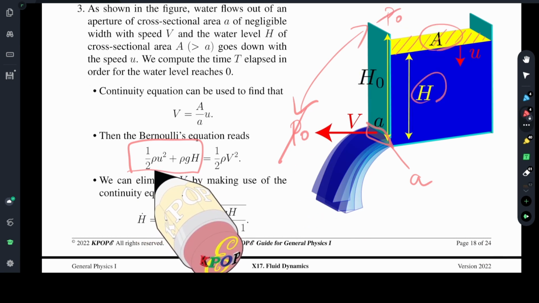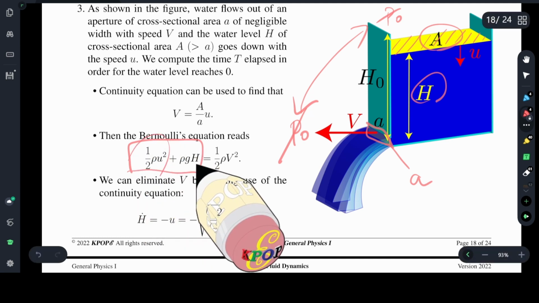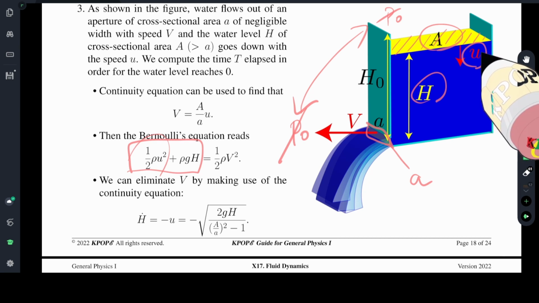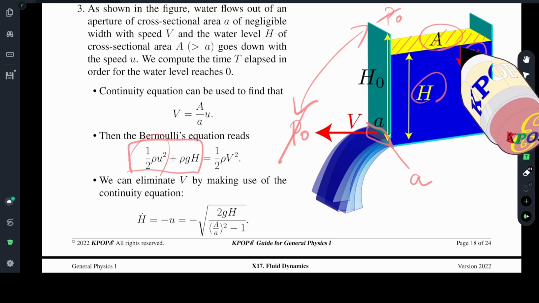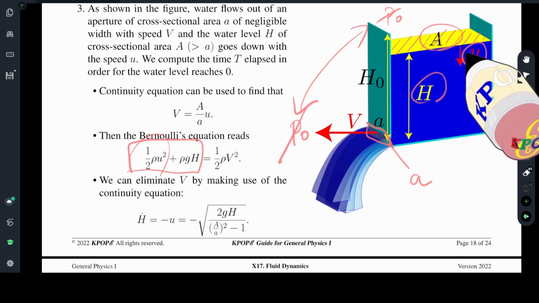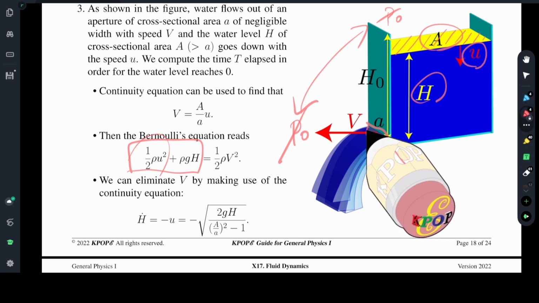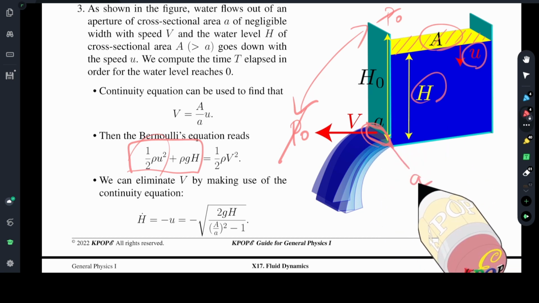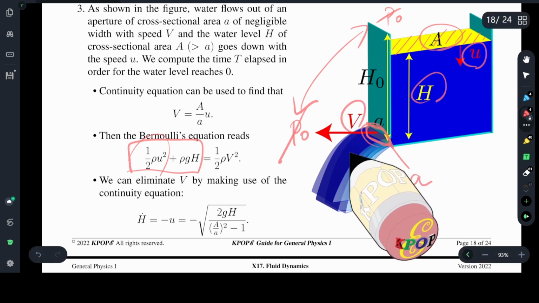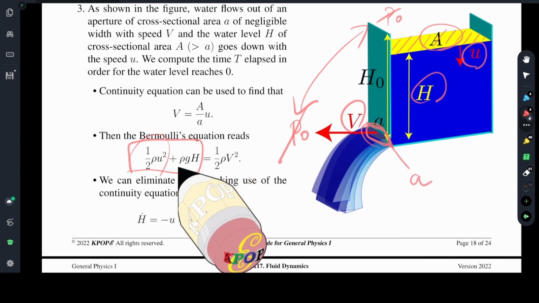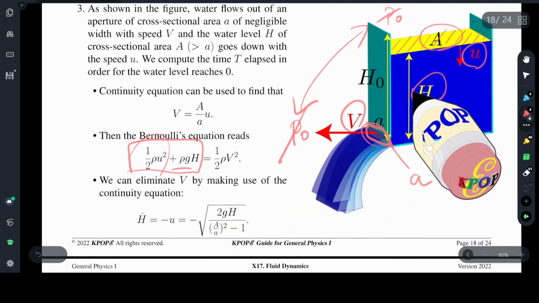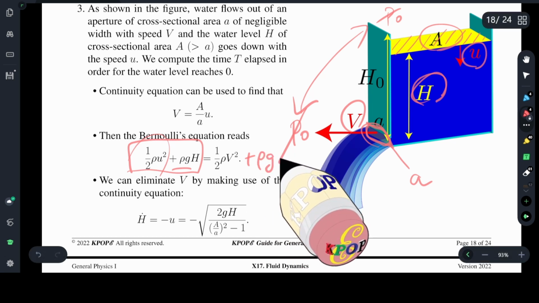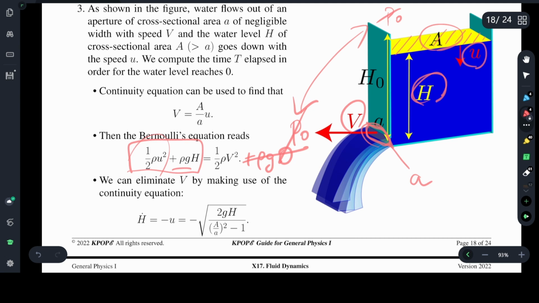And 1/2 rho v squared. This I denoted by small u as the surface water level velocity downward, and the velocity of water coming out of this small hole with the cross-sectional area small a is capital V. In here, the potential energy difference is capital H, so I should have added the rho g h, but it is 0, so it's ignored.